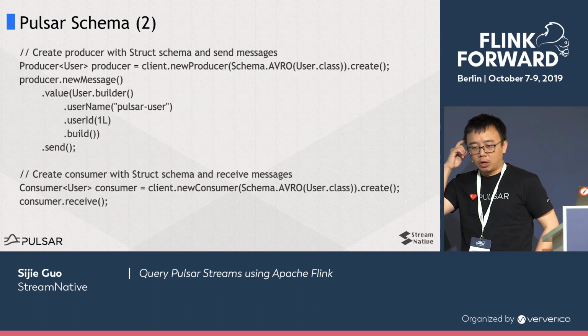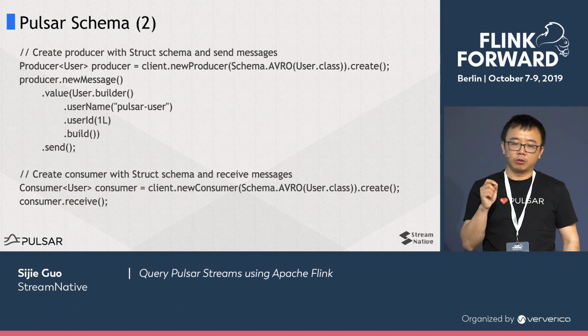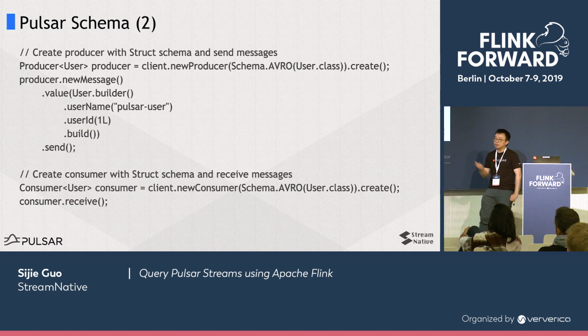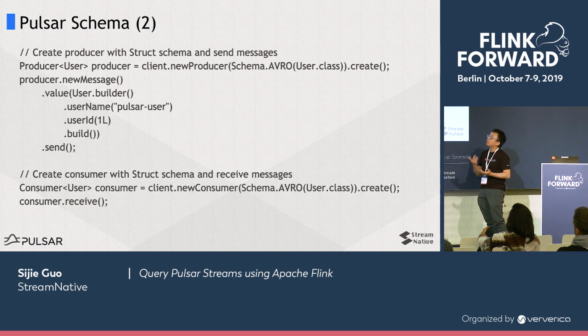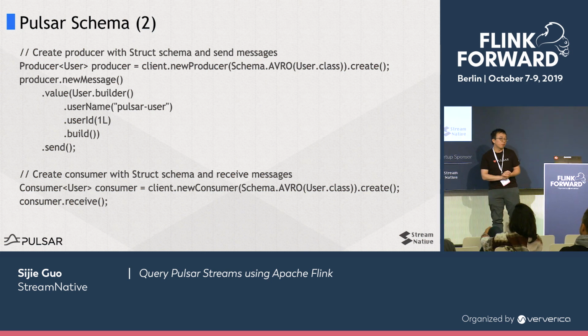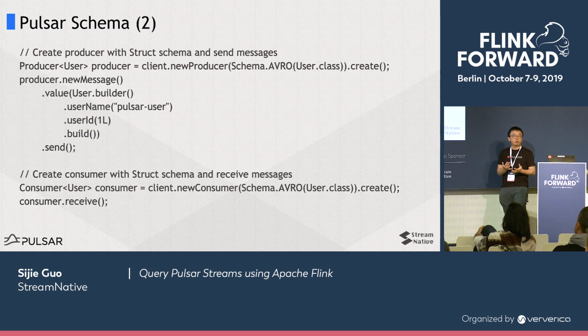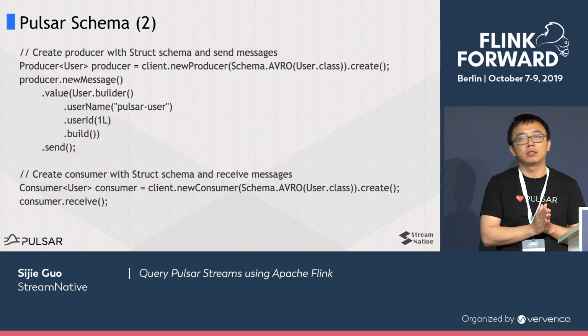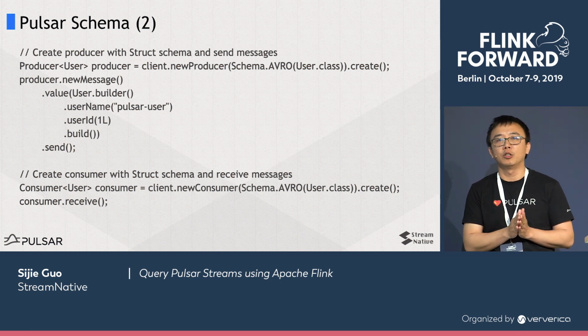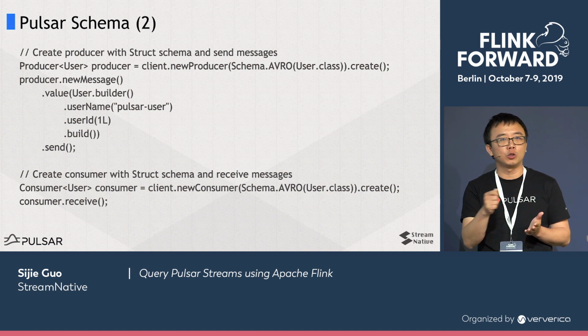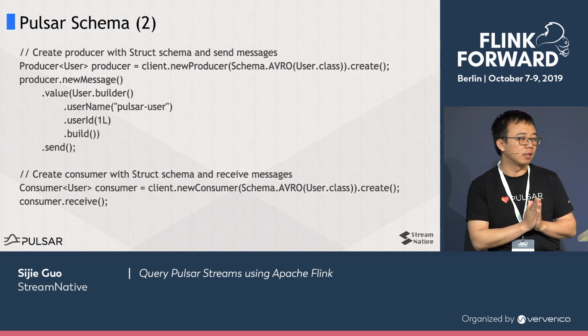And just to give you a quick example of how the Pulsar schema looks, here are two examples: one is a producer, the other is a consumer. The producer can specify which schema you want to use, and then when you send the data, you just send the POJO class. You don't need to serialize the POJO back to bytes and send bytes.